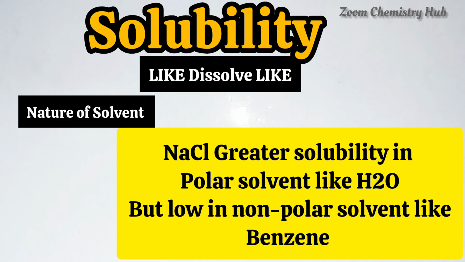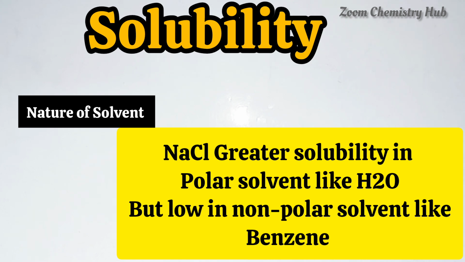For example, sodium chloride is an ionic compound and it has greater solubility in polar solvent like water, but its solubility is less in non-polar solvent like benzene, because the nature of sodium chloride and benzene are different.